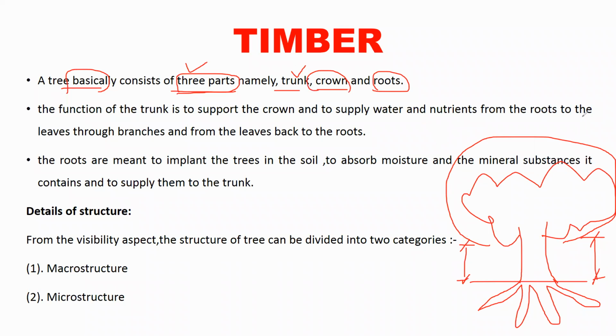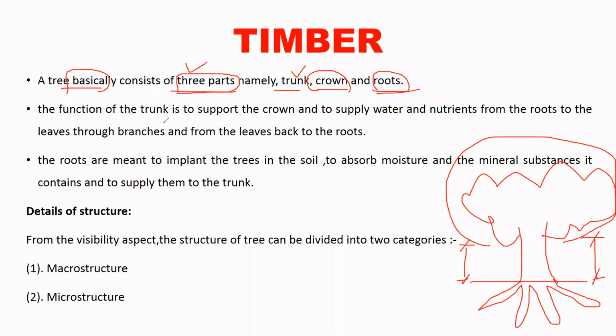After the trunk there will be branches, then sub branches, then leaves. All together that is called the crown. And next is root, which is below the trunk and underground. This is a basic thing that everybody knows already. So the tree consists of 3 parts: trunk, crown and roots.